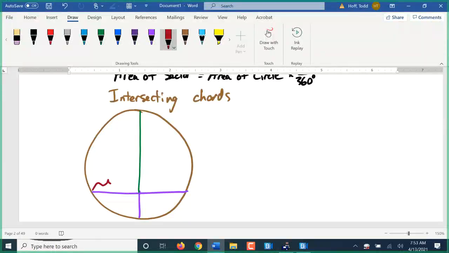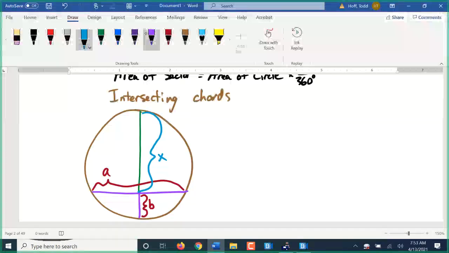If we know this length here is A, this length is B, and we're trying to find, call that X, we know that this gets split in half, A over 2.